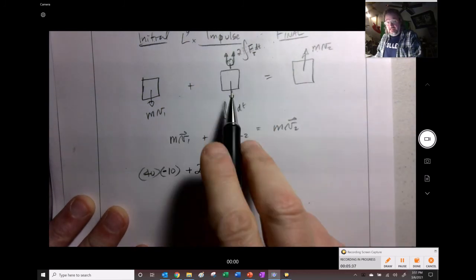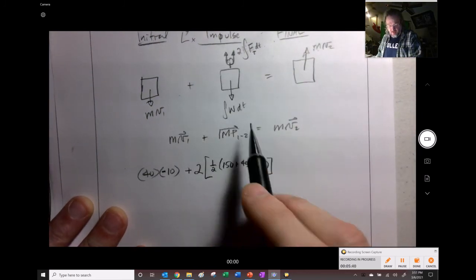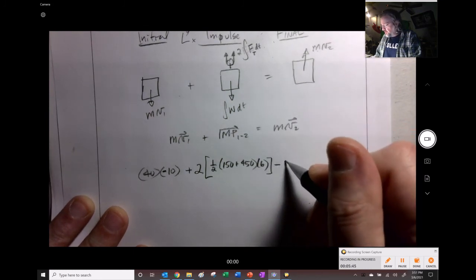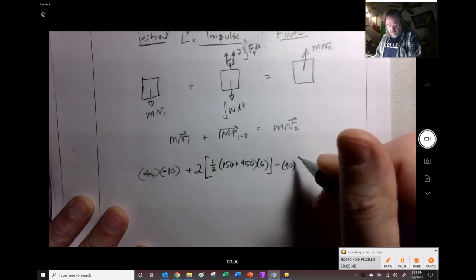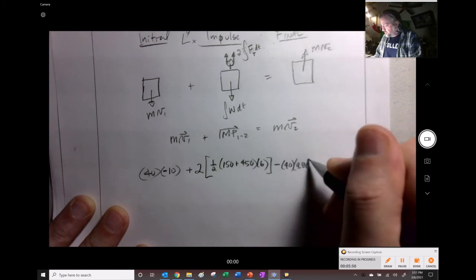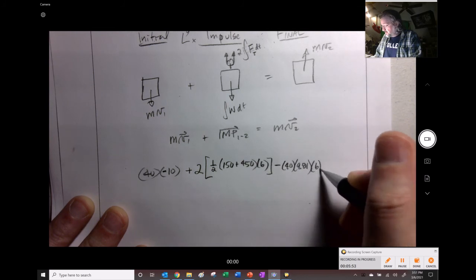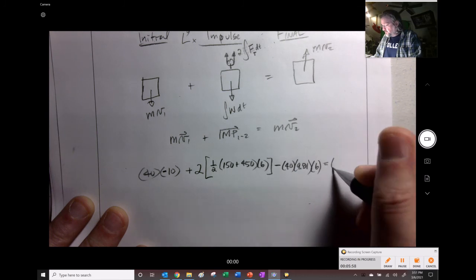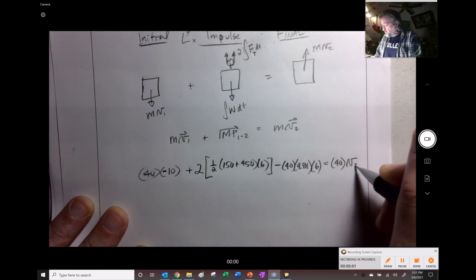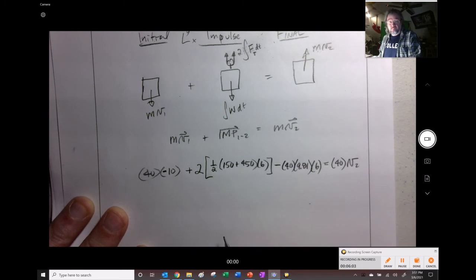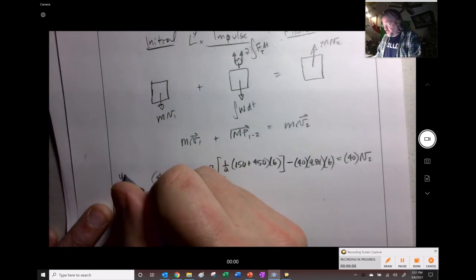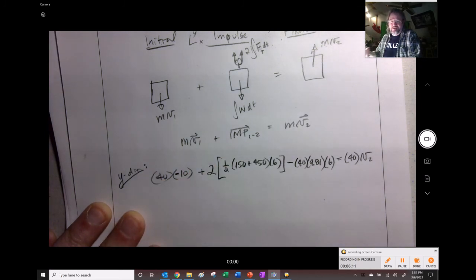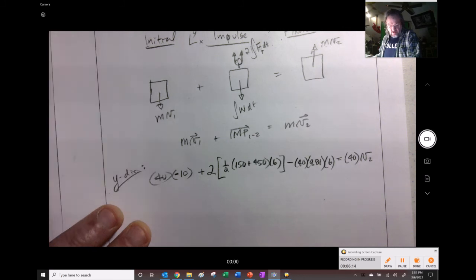That's a positive impulse coming upwards, whereas the other is going to be negative, because it's going to be 40 times 9.81 times our delta 6. That's equal to 40 times whatever V2 ends up being. And mind you, this is in the y direction. We're making that distinction because later on we'll need to keep track of the x and the y.